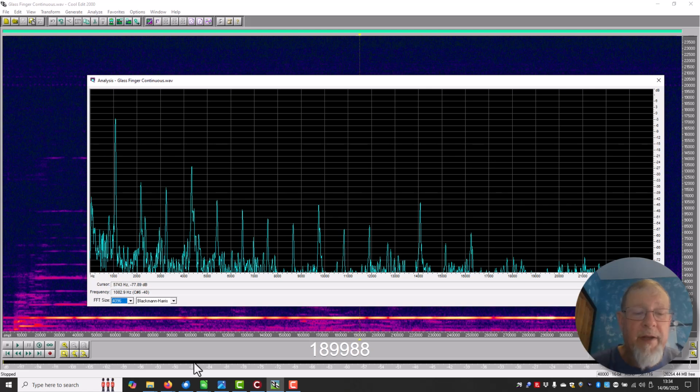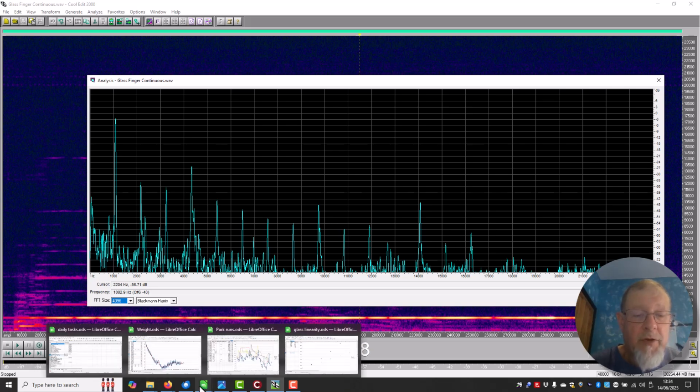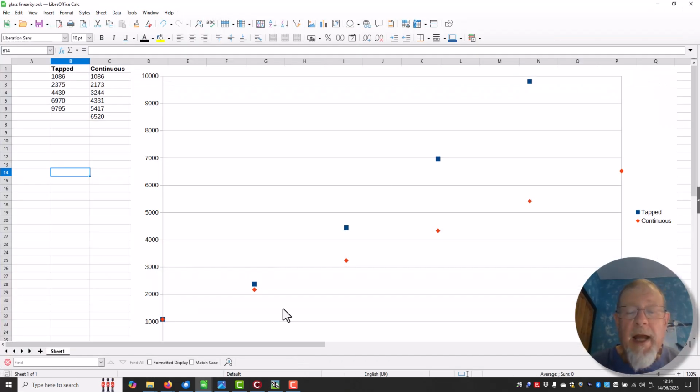So you can measure those on this, you can put the pointer there and it tells you what the frequency is. So I have done that, and I have plotted them out. So the blue squares you can see are no ways linear.